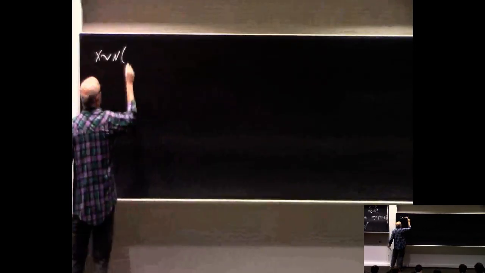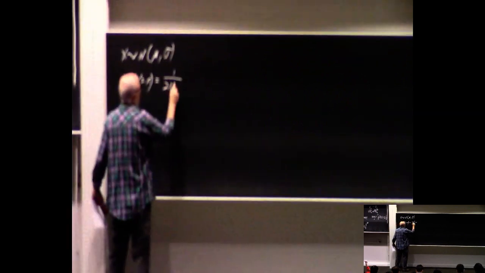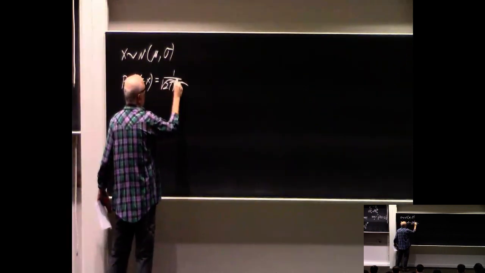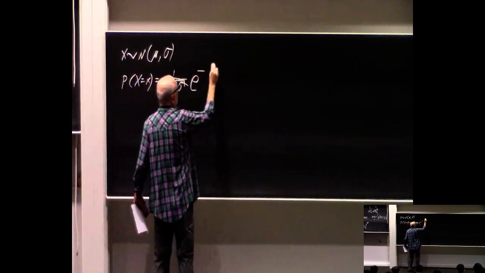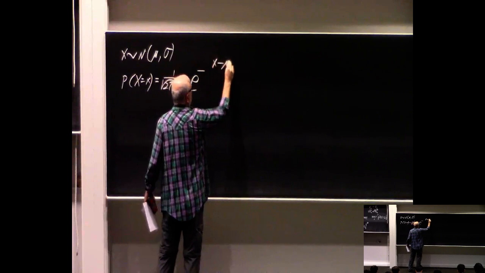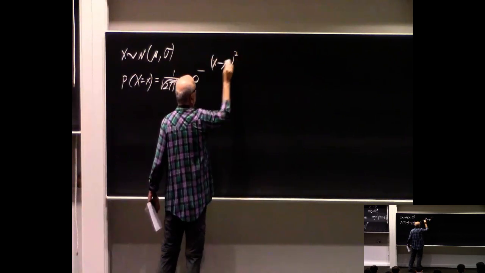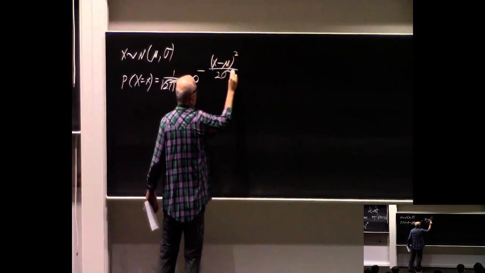A variable is distributed as Gaussian with some mean and some standard deviation if the probability of x taking on a specific value is 1 over the square root of 2 pi sigma squared, times e to the negative (x minus mu) squared over 2 sigma squared.